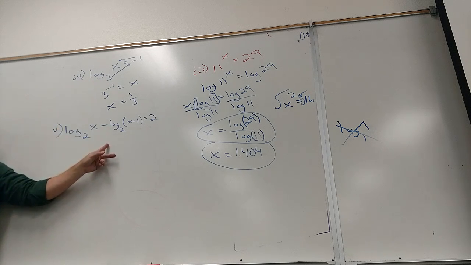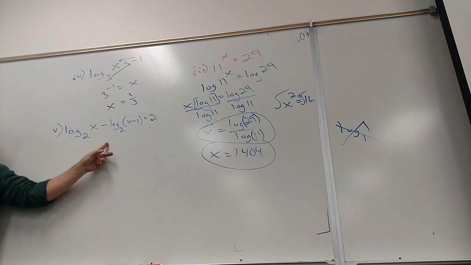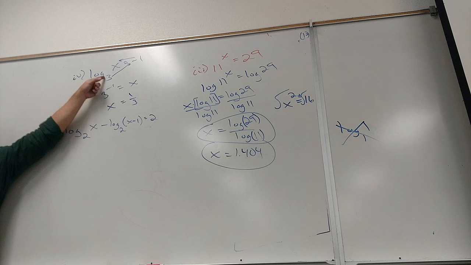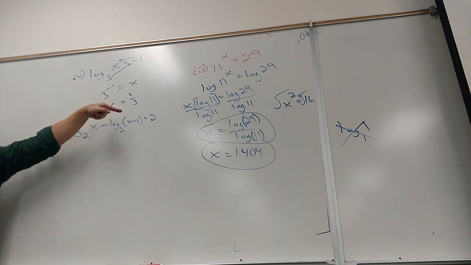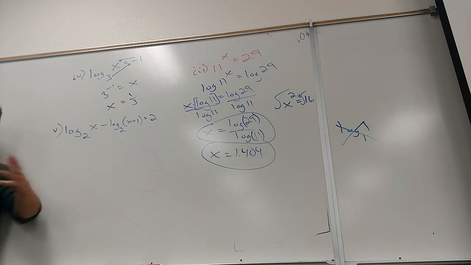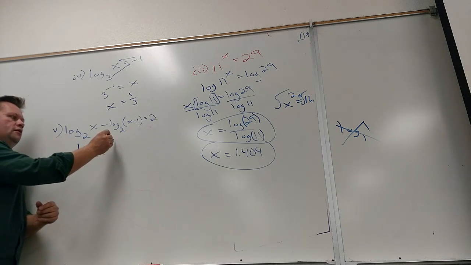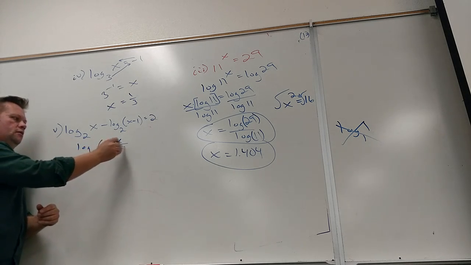How many logs are in this one? 1. How many logs are in this one? 2. So if I can rewrite this to have a single logarithm, I can solve it the exact same way. If only I had a property for combining logs when they're being subtracted. So it'll be log base 2 of x divided by x minus 1.